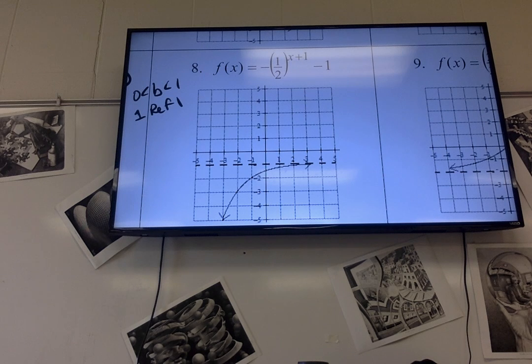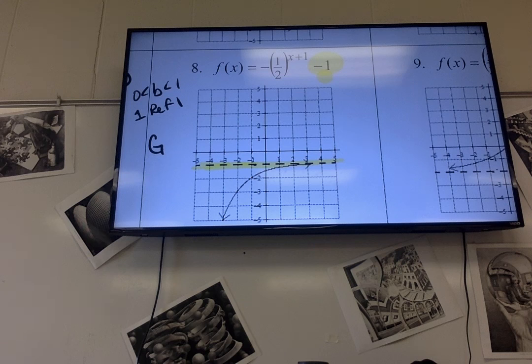So usually between 0 and 1 is decay. But since there's one reflection, it's got to be growth. And we also know that this -1 corresponds to that horizontal asymptote at -1.